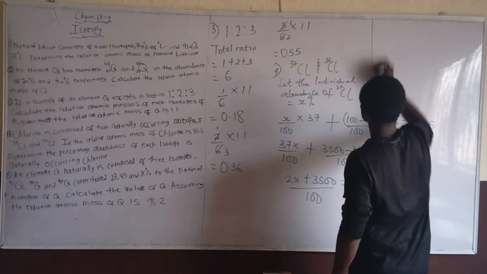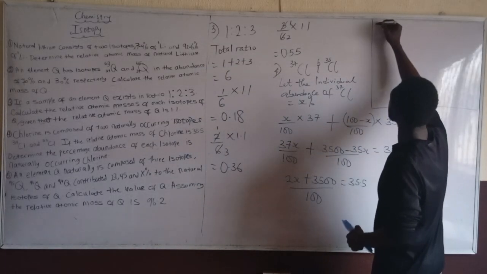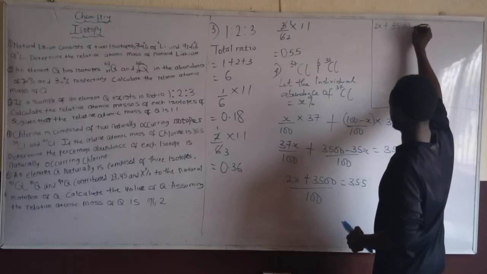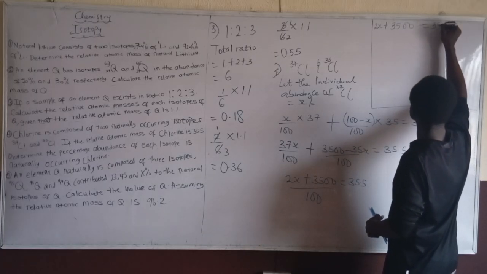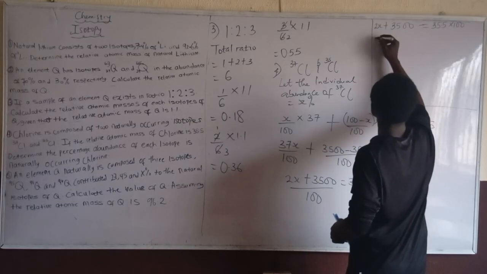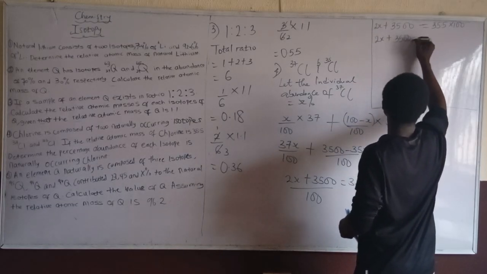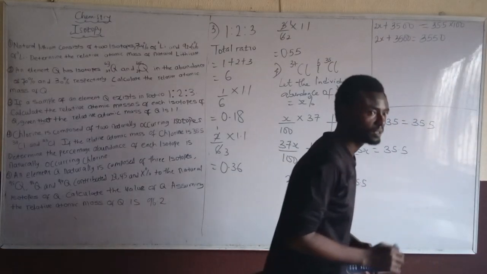So coming here, it becomes 2x plus 3,500 equals 35.5 multiplied by 100. So here is 2x plus 3,500 equals 3,550.